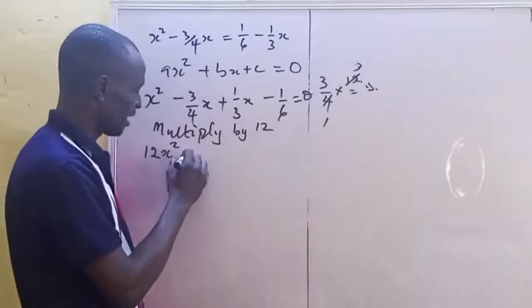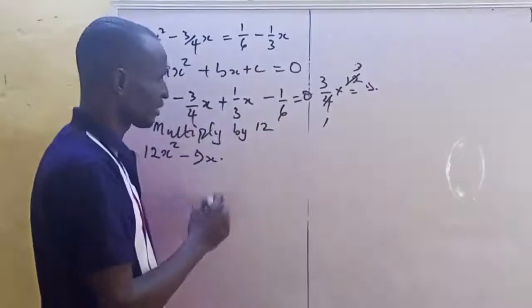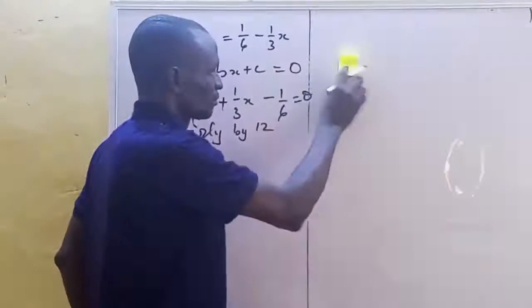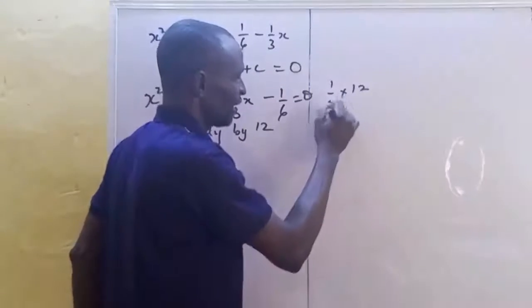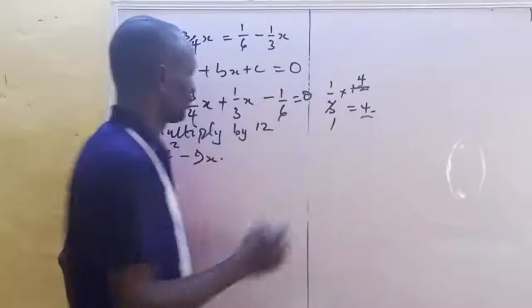So this is minus 9x. Plus 1 over 3 times 12: 3 into 12 is 4, 4 times 1 is 4.